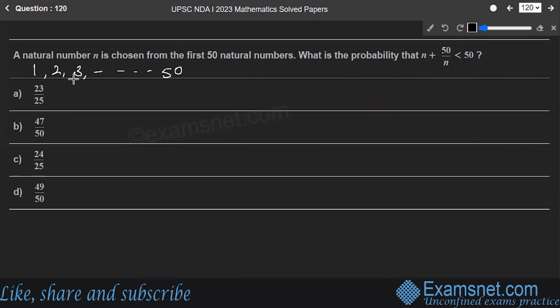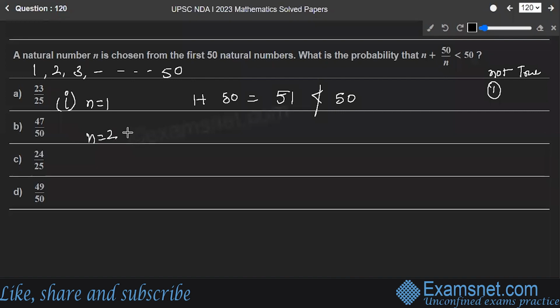So let's consider when n is equal to 1. We are not going to calculate till 50, just look into it. If n is equal to 1, then this will be 1 plus 50 upon 1, which is equal to 51. Of course, this is not less than 50, so this is one case which is not true.